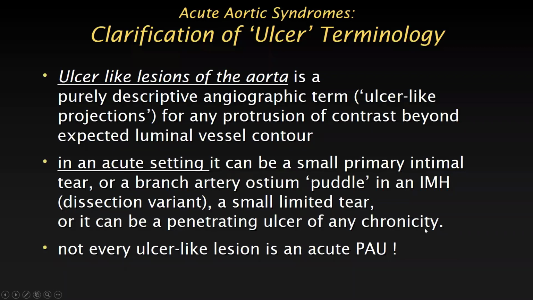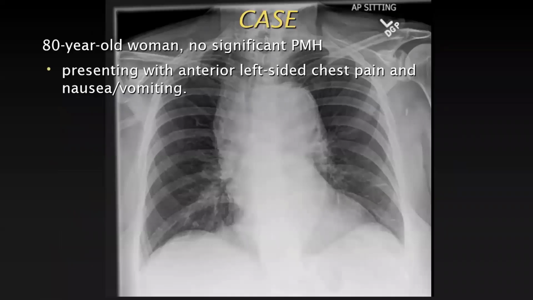If you have the entire context, you will be able to figure it out. But one message: not every ulcer-like lesion that you see on a CT scan is an acute PAU. That's what I'm trying to convey in this summary.